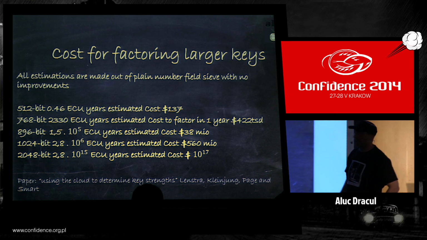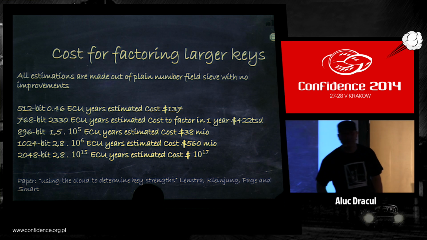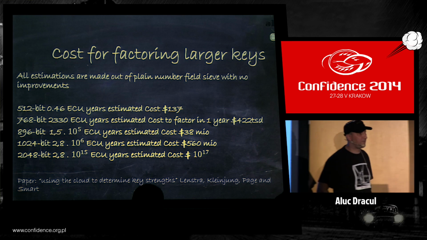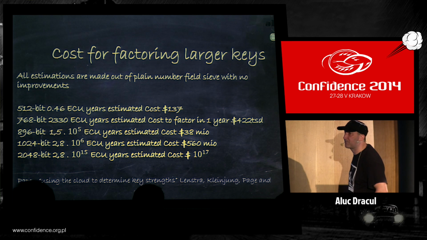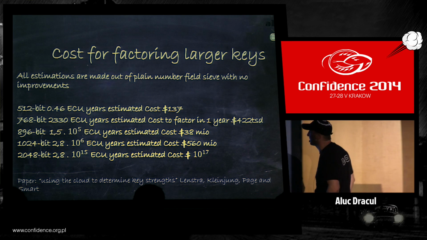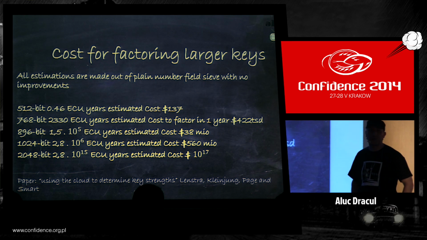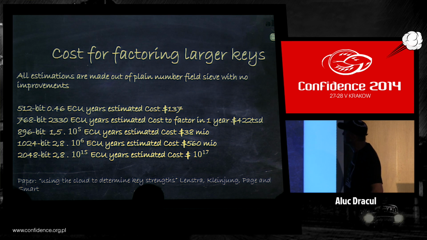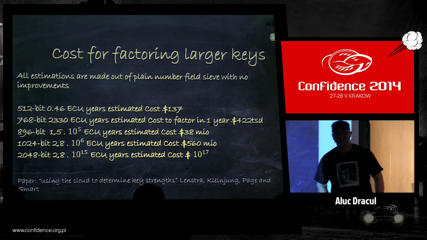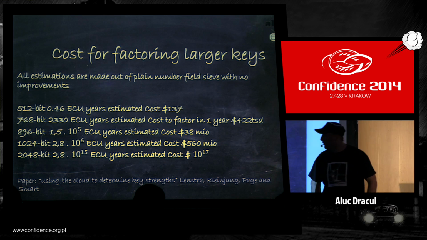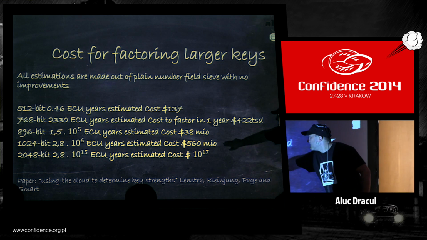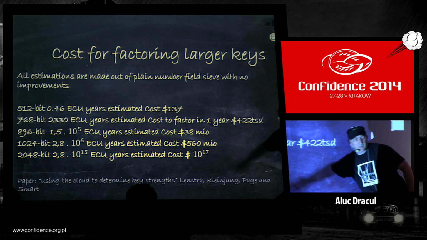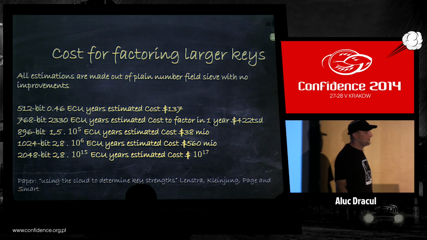But the estimation they do, if you use probably better software than I did, and if you don't mess up your EC2s, it might be the real estimation. A 512-bit key costs you $137, they say.